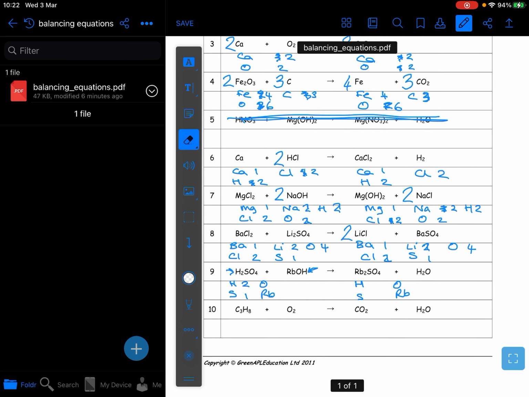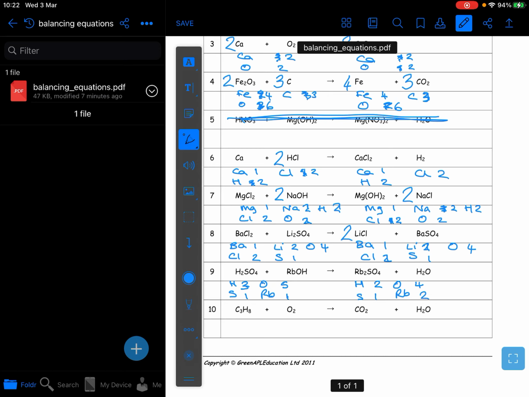So that makes 3 in total. So you've got 3, 1 sulfur. Then you've got 4 oxygen in that H2SO4 and another one on the next bit. So that's 5. And you've got 1 rubidium. On this hand side, you've got 2 hydrogen, 1 sulfur, 4 oxygen, 2 rubidium.